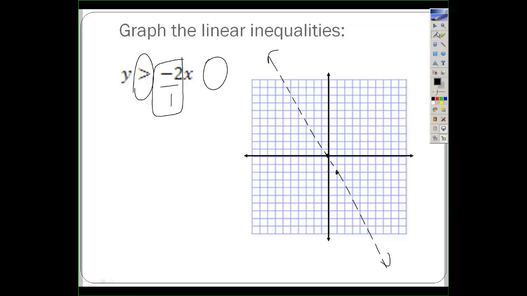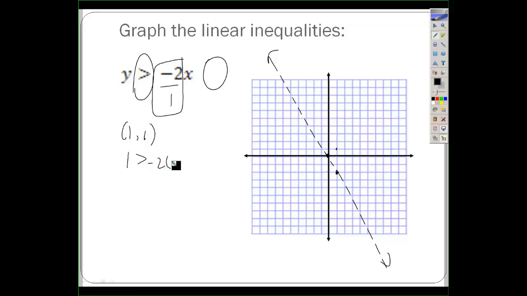The next thing I need to do for an inequality is see which coordinates are going to be solutions. So because 0, 0 goes through the line, I can't use 0, 0. So I'm going to pick the coordinate 1, 1. That's an easy coordinate to plug into my equation here, and this is going to test if the right side is a solution or not.